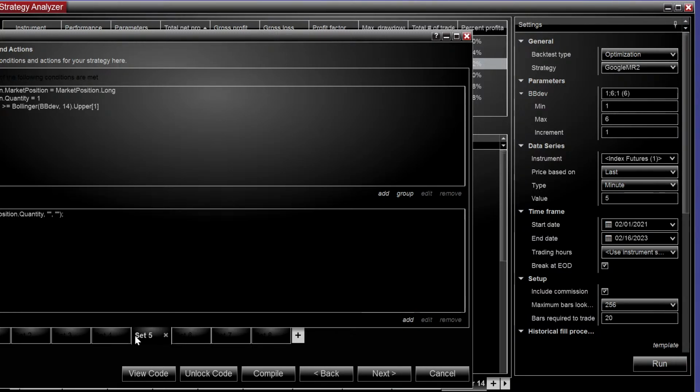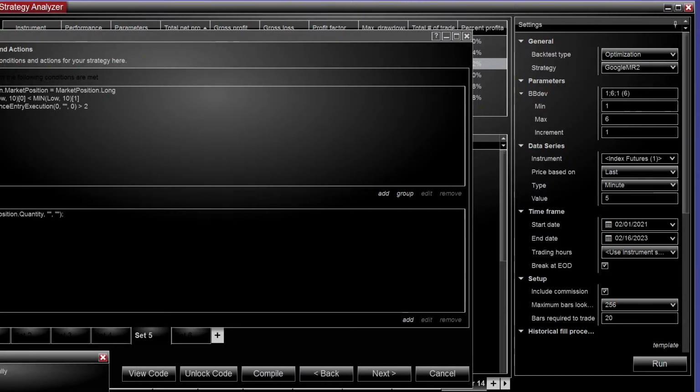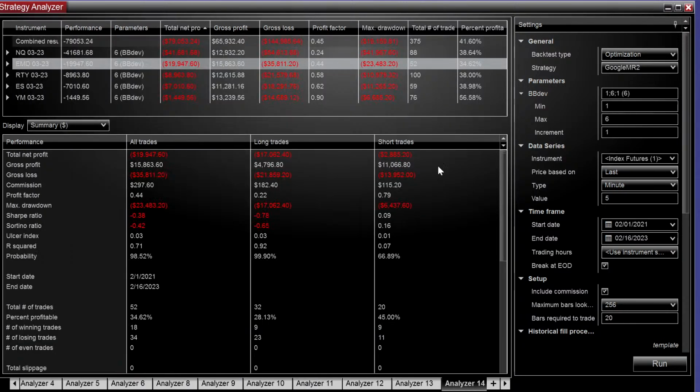So here where the position quantity was 1. Let's see. Yeah, just boop, boop. Get rid of both of those. That'll make it where we exit on a new high or new low being made.